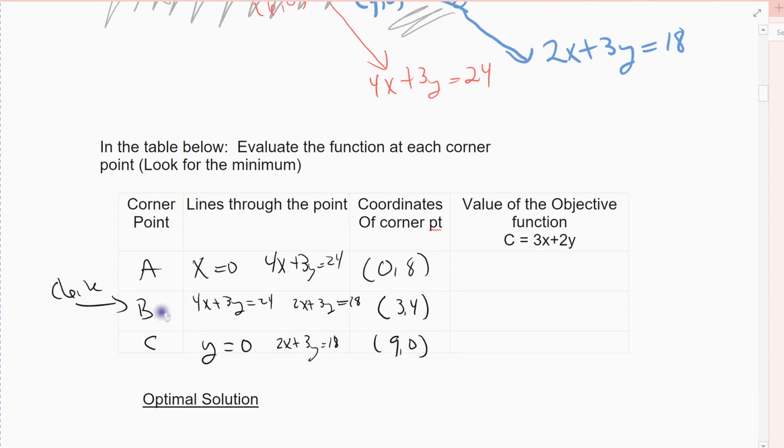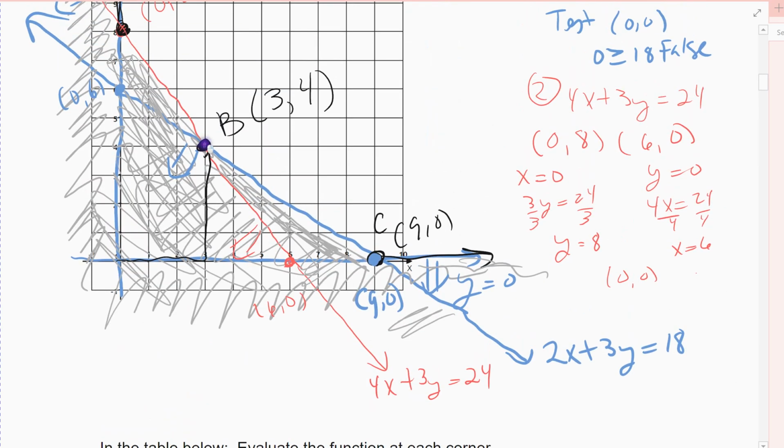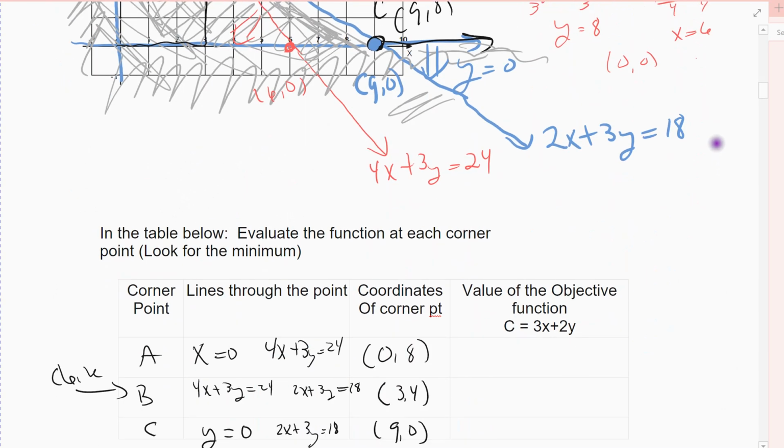Now, the reason why I said B, if I did a good job graphing, and since mine were a little wonky, I will always check mine. Check and make sure that's actually the spot where the blue line meets the red line. And so to test B, I have to solve the system.